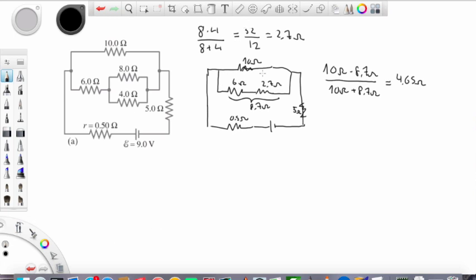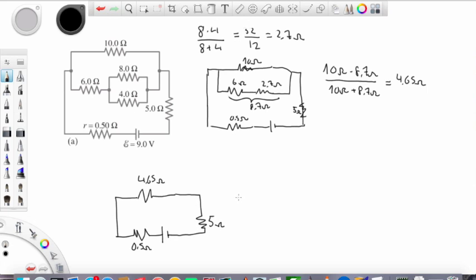So now this big chunk reduces into one resistor, and in total we have the battery here, 0.5 here. This whole thing was replaced by one that is 4.65 ohms. And then we have this 5 ohm resistor here.